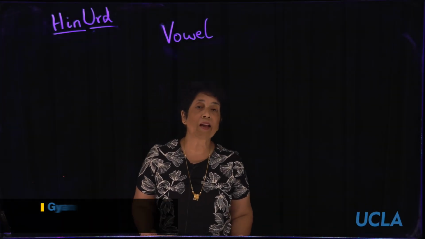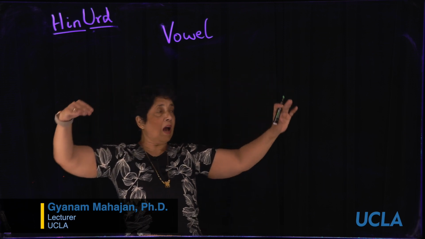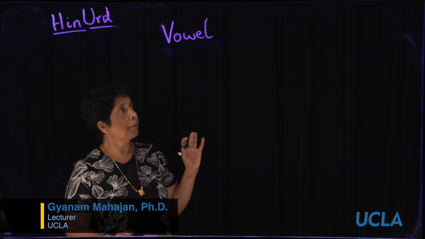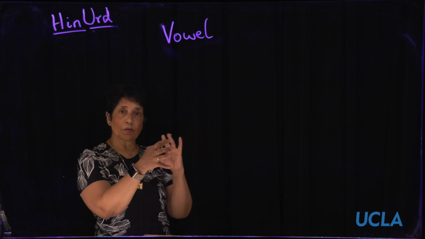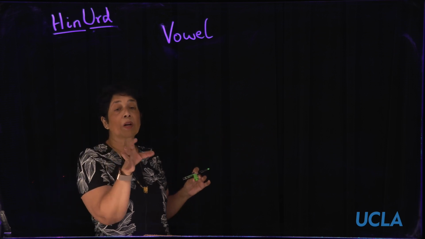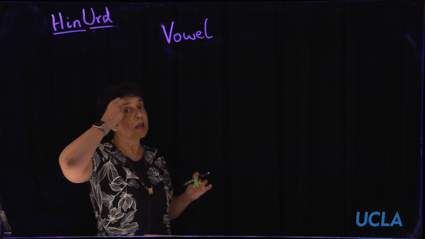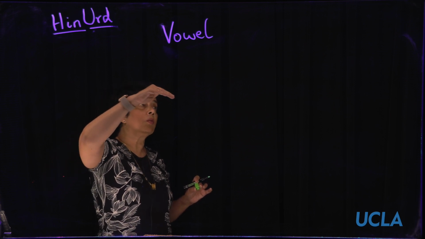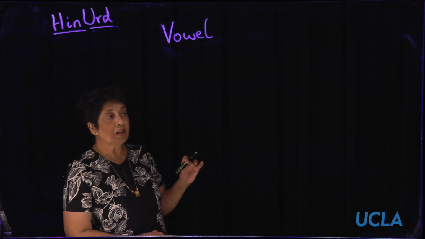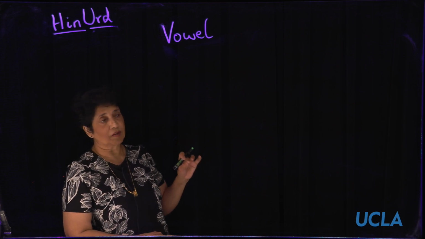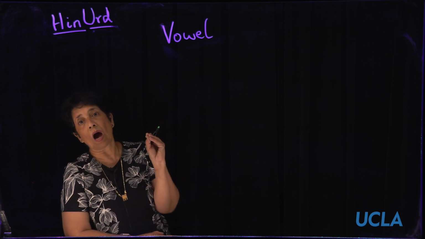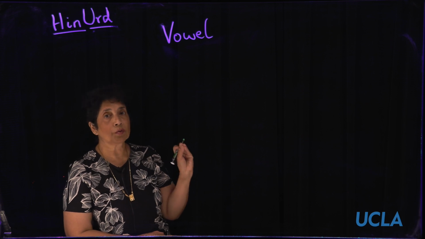Okay, so in this segment, because we have limited space here, I did not want to mess everything up by trying to do Hindi script and Urdu script on the same chart. So now we're going to look at all the vowels and what the graphemes, representations or symbols look like, how they show up in Urdu script.